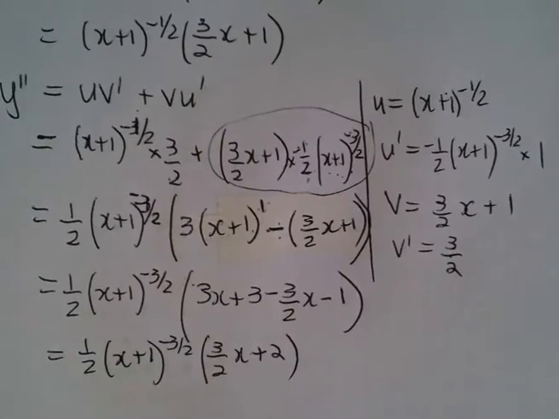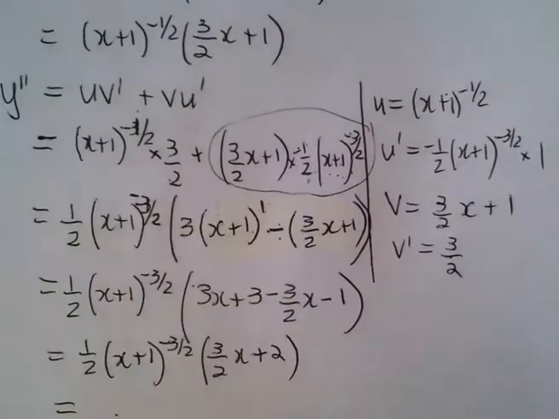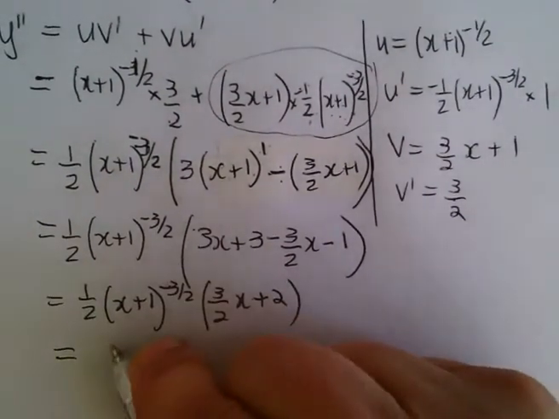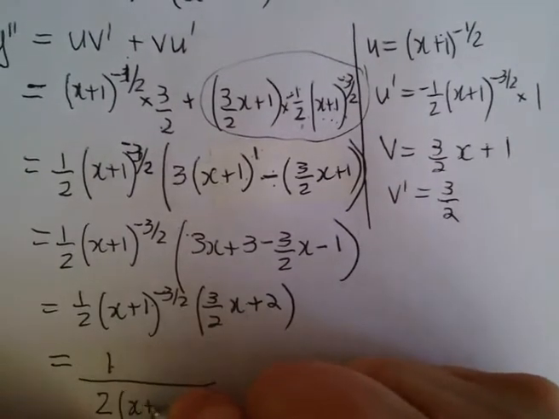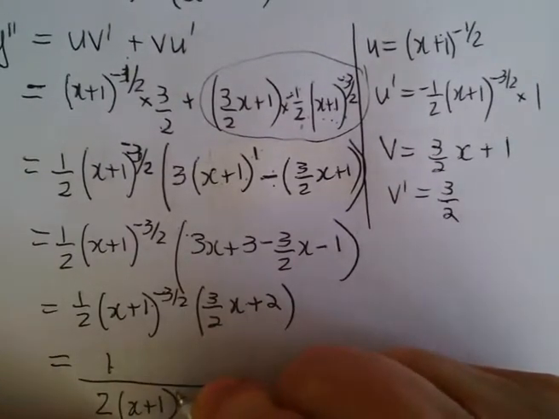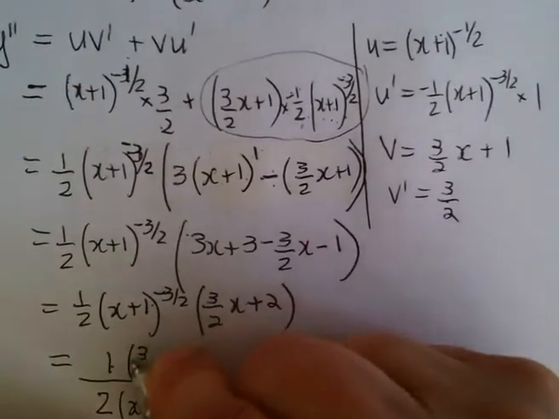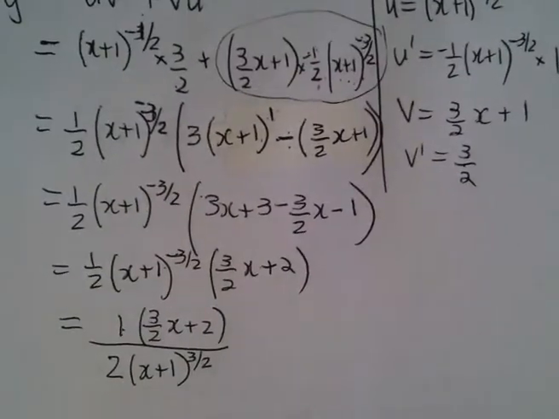Now we've just got to put that equal to 0. Now I'm going to write that as, put this on the denominator, the negative index. So I've got the 2 on the denominator. This (x plus 1) to the 3 on 2 is on the denominator. And on the numerator, I've got 3 on 2x plus 2. That's what I've got. You okay with that?